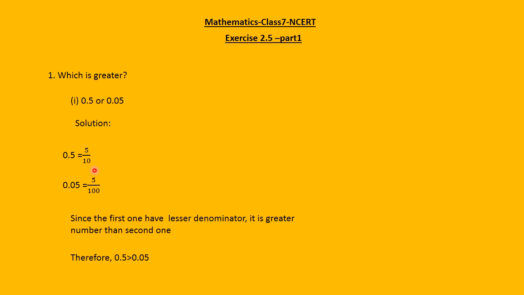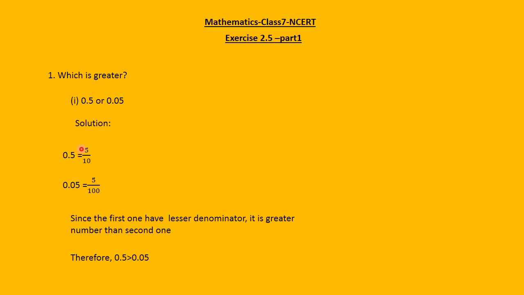Now because the numerators are same, and the denominator we have is 10 and this is 100, the second fraction has more denominator and the first has lesser denominator. So how to compare with the same numerators? If we have same numerators and different denominators, whichever fraction is having lesser denominator will be the greater number.